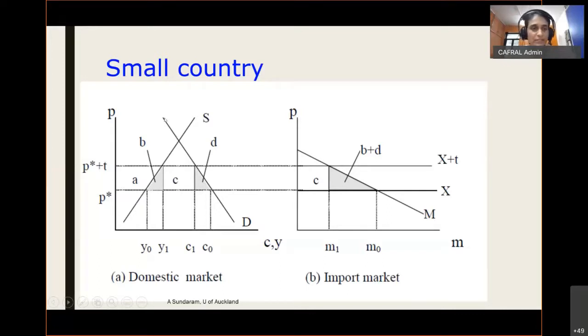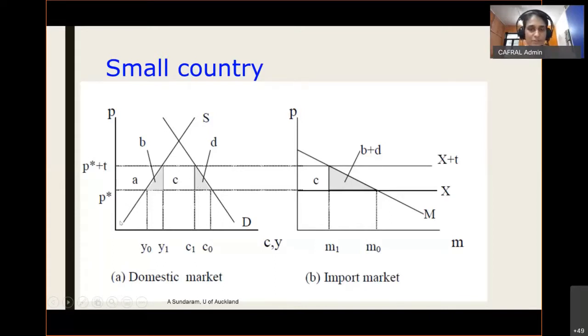So the earlier consumer surplus is that section right there, above P star and below the demand curve. Now with the tariff, consumer surplus goes down to the triangle above P star plus T and below demand, which means that consumers have lost A, B, C, and D.